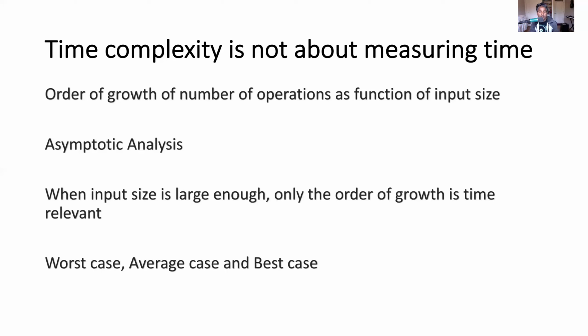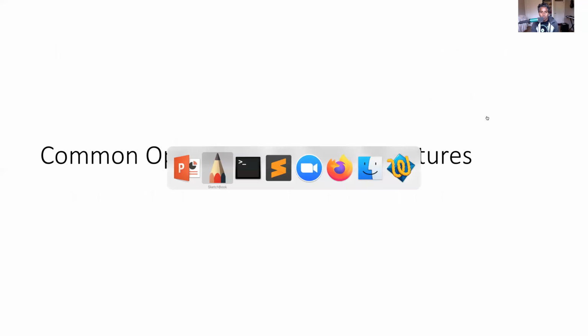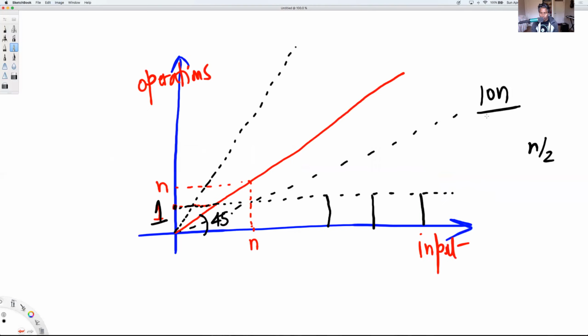And when you analyze your algorithm, you can express things in the form of worst case, average case, and best case. Let's come to this. Suppose that I am to write an algorithm for searching.